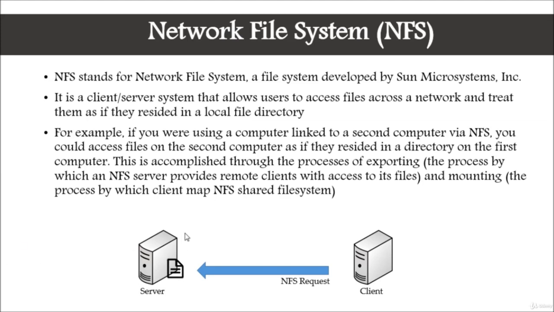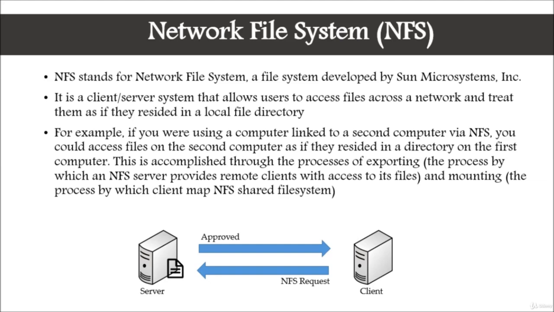Then, based on the rules that are defined on the server, meaning the policies, which server to share with, which server to trust, and all that, once that is satisfied, this server is going to send the approved request back to its client. And it's going to say, hey, I know you are asking me to share my file system with you.